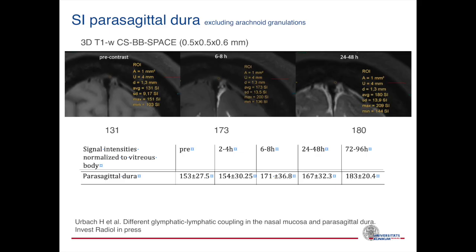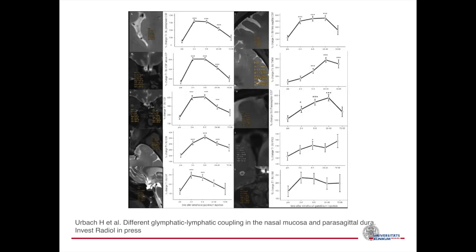Okay, so we took care that we did not measure the signal intensity in the arachnoid granulations, but in the parasagittal dura. And then you can see that there is a signal increase related to the signal in the vitreous bodies of the eyes. So this is clearly a lymphatic transport into the parasagittal dura and into the nasal mucosa.